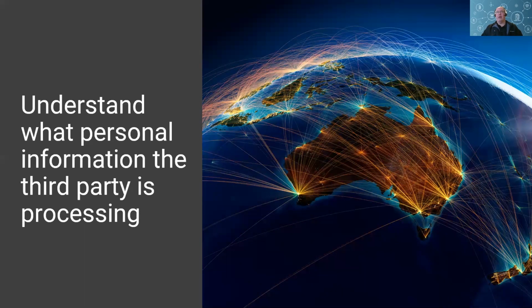If you are subject to the likes of GDPR, then there is an obligation on you to create processing records, as well as the third party to create Article 30s, as they're affectionately called, as to what information is being processed by that third party, for what reasons, and what they can and can't do with it. So as part of your initial engagement, it's always good to do that data mapping exercise when you're establishing the relationship with your third party.